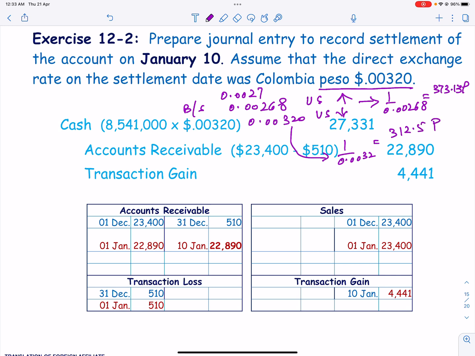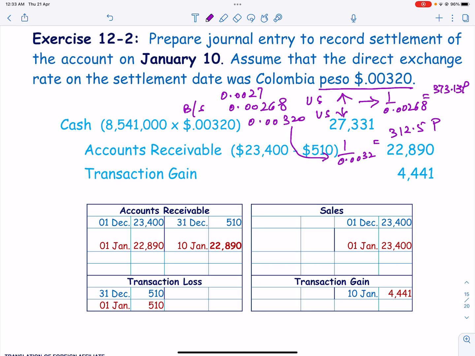The interesting thing to be observed is that the US firm will be happy if the US dollar weakens, because it has pesos that can buy more US dollars. So now we are settling this account.